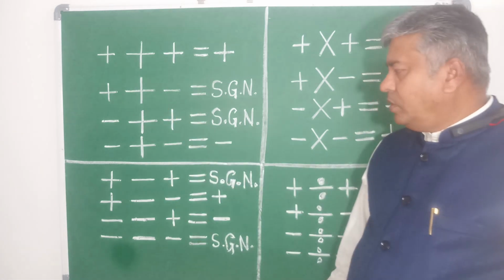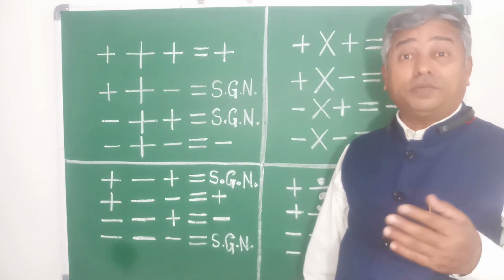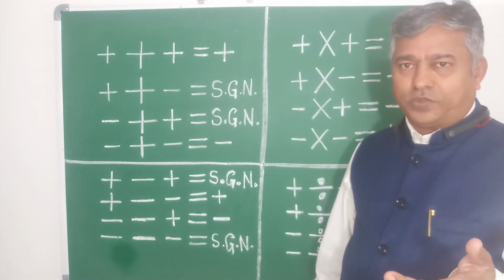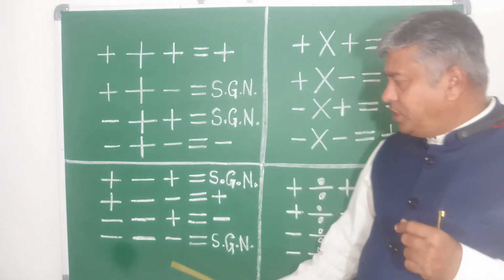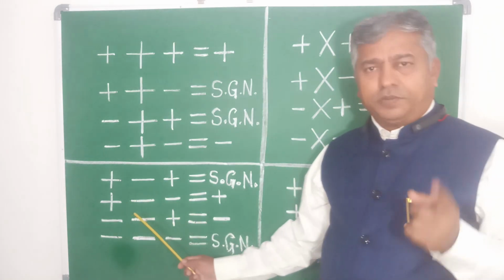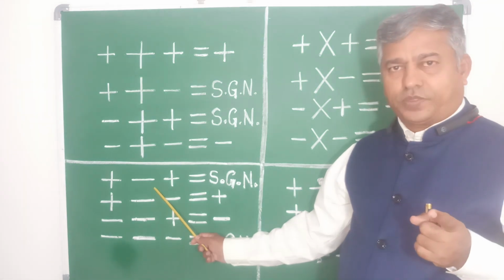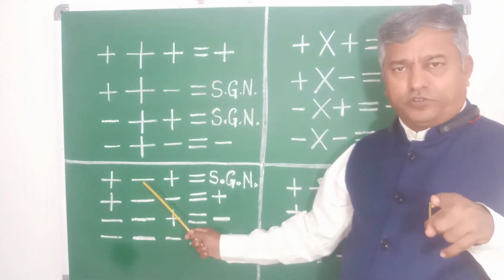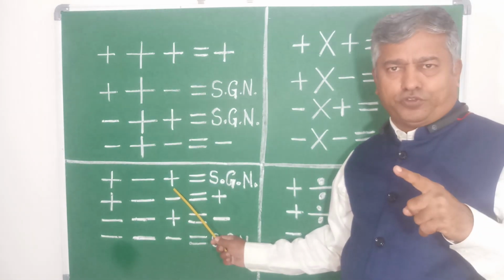Now, the basic operations in the subtraction form, what we should do, which signs must be taken now. Here in the subtraction process, the first number is positive and in the same way the second is also positive.